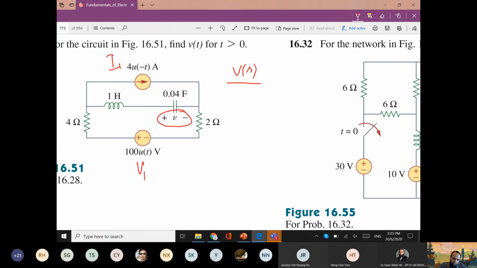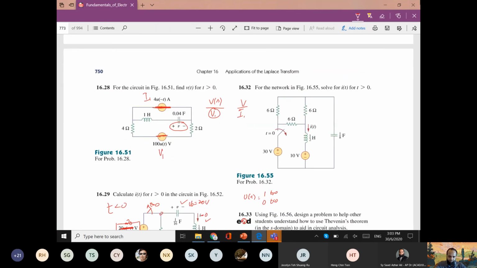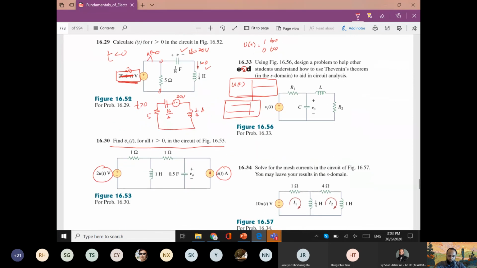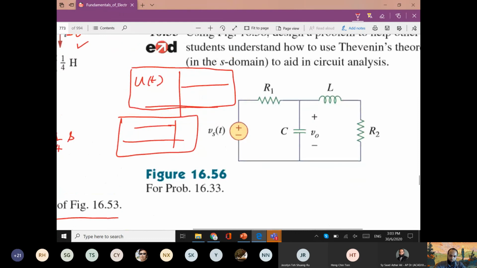We can find V over V1 or V over I1 as the transfer function, but when we find for V1, this has to be 0, and when we find I1, this has to be 0. So I'm not going into this one today. With one source, let's take this one.